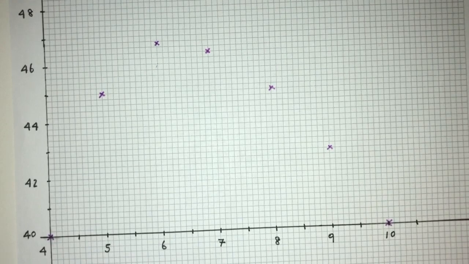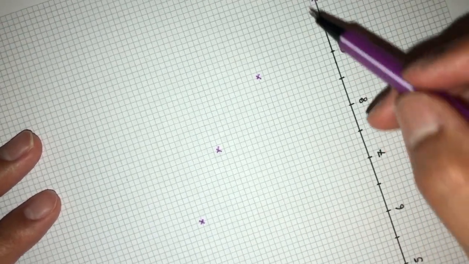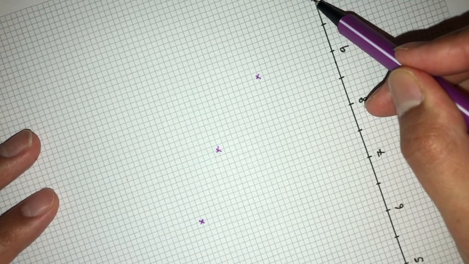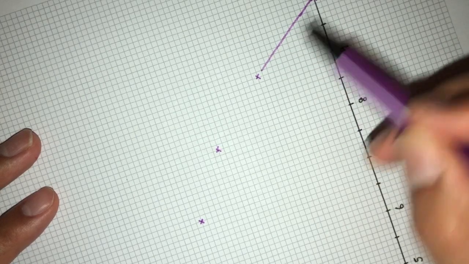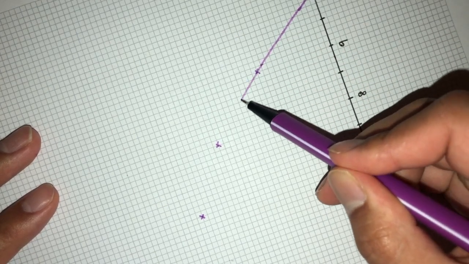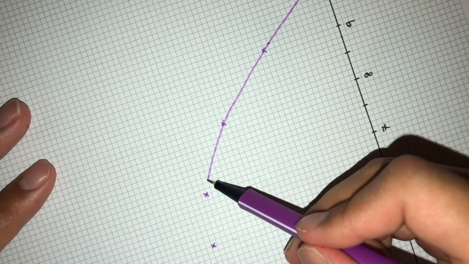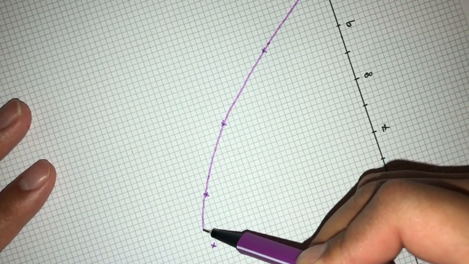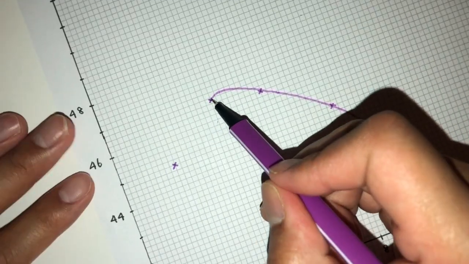Let's try to join the points by a smooth curve. Now, try your best, obviously. You have to use a pencil, because if you do make a mistake, you can always erase and then redraw the curve. I will try my best to connect them by a smooth curve. Okay, somewhat like this.